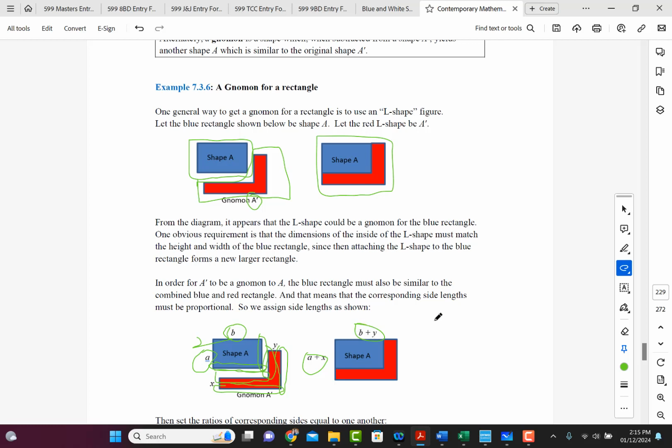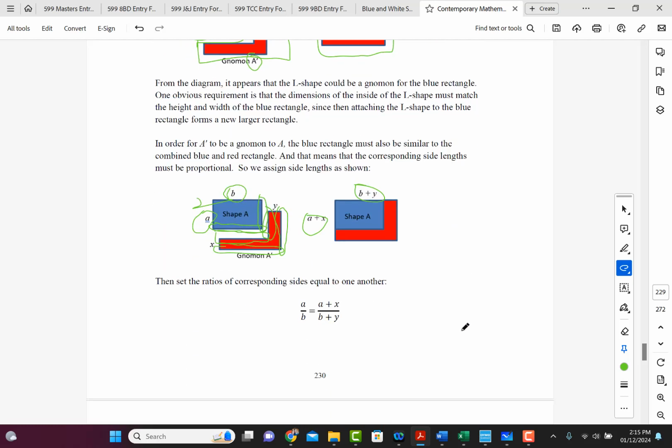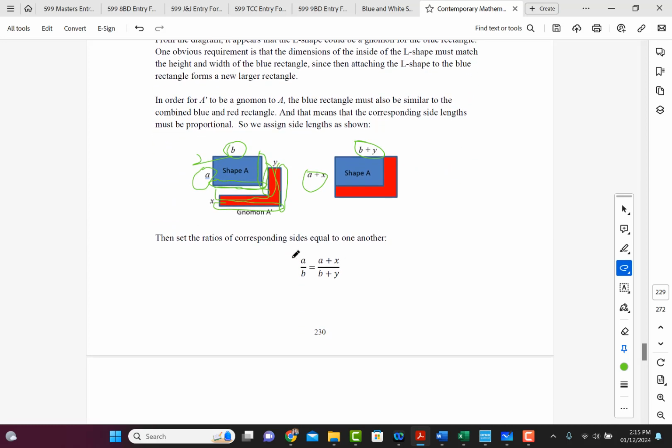B plus Y divided by A plus X is proportional to B divided by A. That's what I meant to say. So this is what we're looking at right here. That has to be true, right? Just by using the definition of similarity: corresponding sides must be proportional.